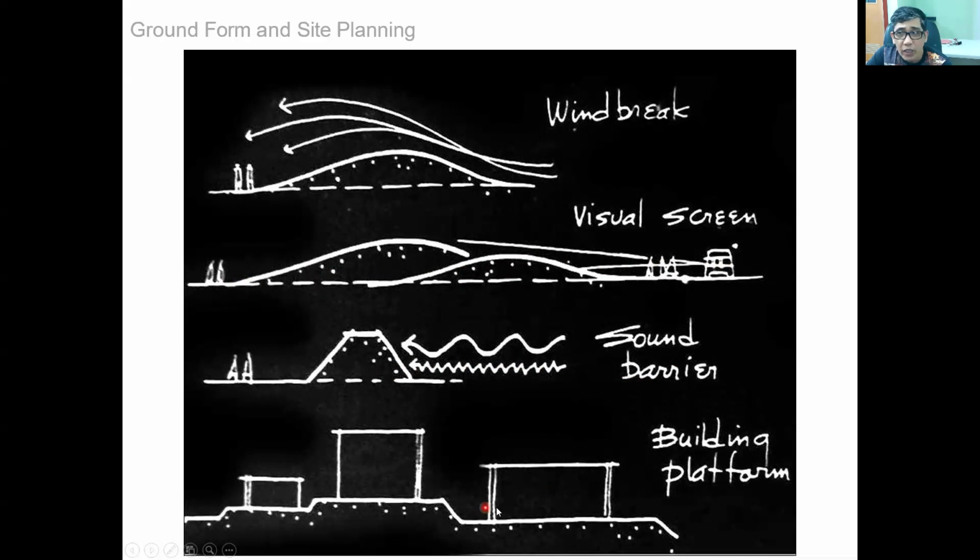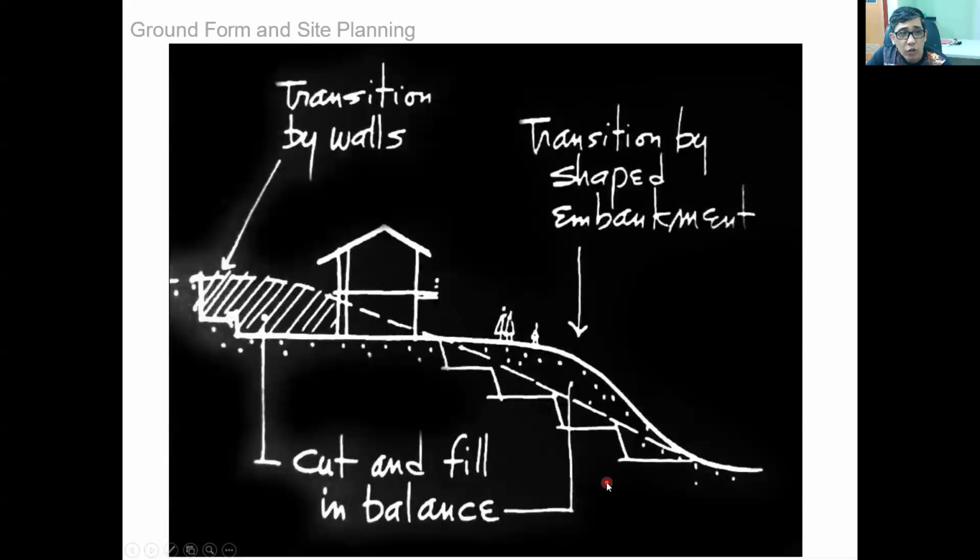Okay, so another one, it can create good building elevations. So this is another way of creating ground development. If this is the contour of the land, you can cut this area, and then the soil that you have taken from this side, you can put it here as an embankment.